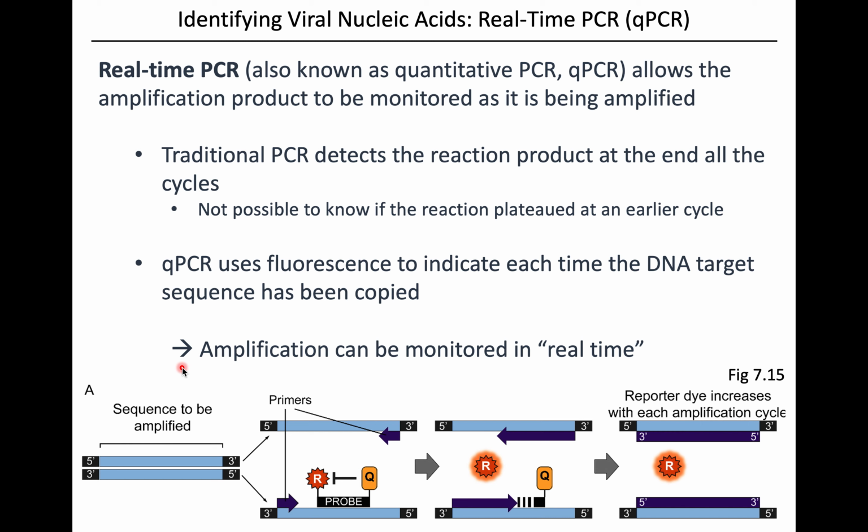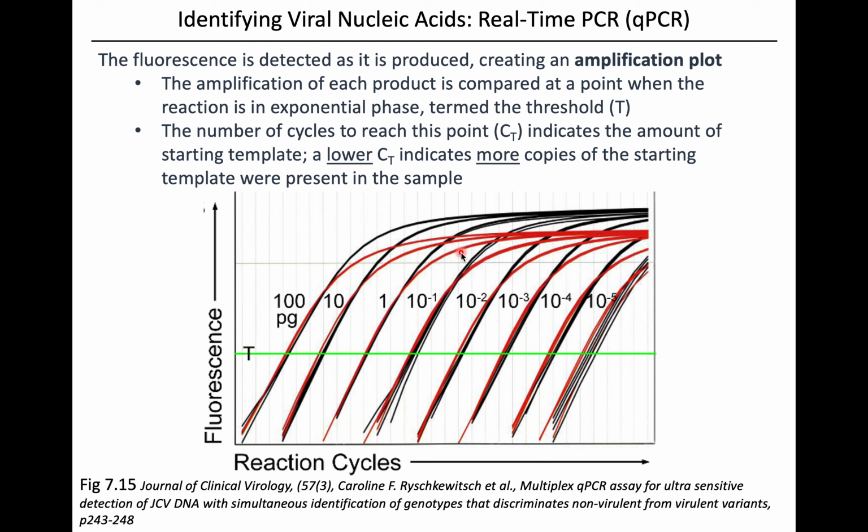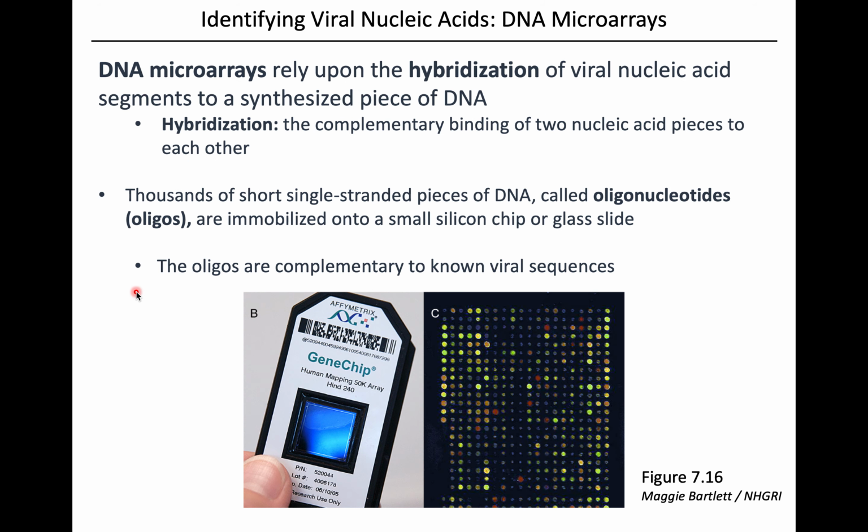So you get these curves that basically allow you to quantify the amount of initial products. These are called amplification products, or amplification plots. Anyway, I don't want to get hung up on the details here, but just be aware there is quantitative real-time PCR that is pretty commonly used these days.